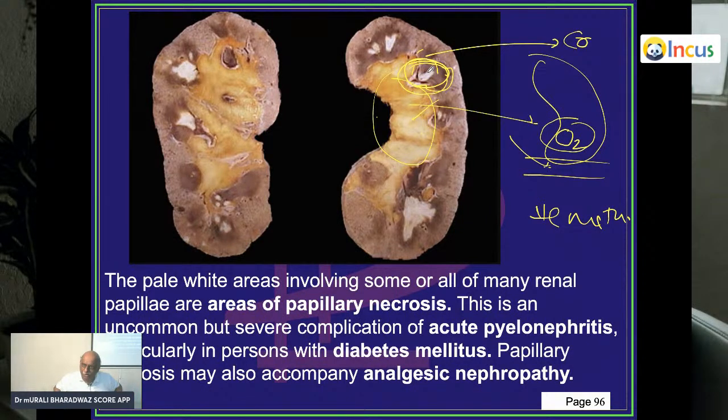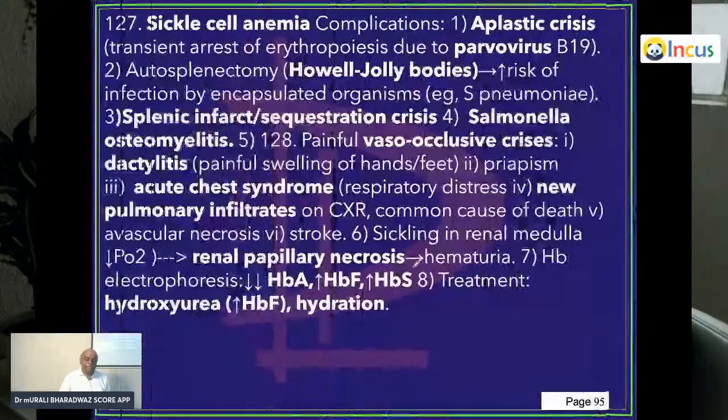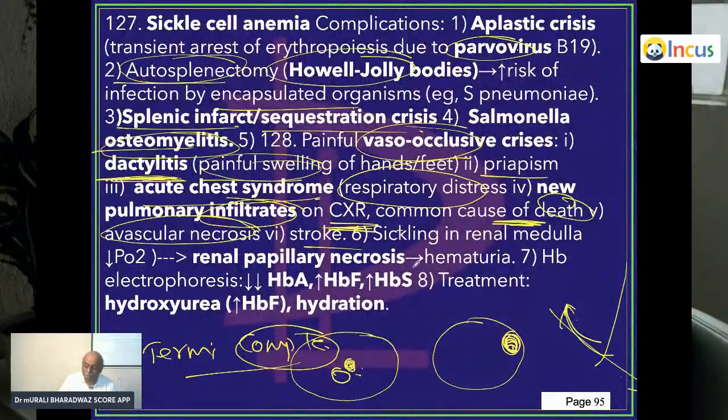Whenever we are overhydrated, we produce dilute urine. Those changes in specific gravity of the urine don't occur. That's called isosthenuria. So isosthenuria and hematuria are the manifestations of renal papillary necrosis which occur in sickle cell anemia.